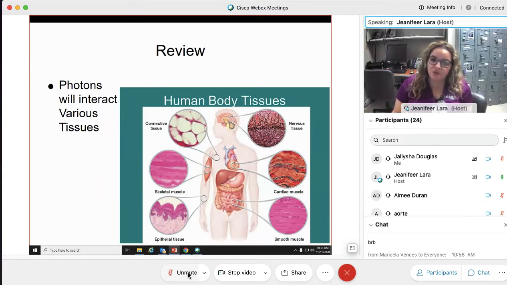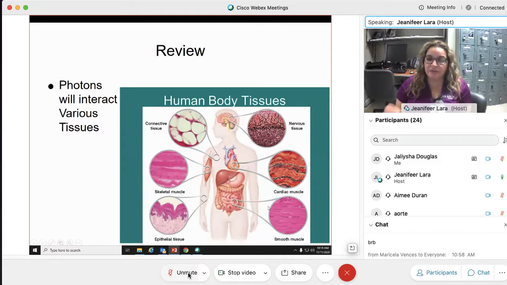So nervous tissue will have a different reaction of photon interaction than connective tissue will. Photons will interact differently with skeletal muscles versus epithelial. Photons will interact differently with cardiac muscle versus smooth muscle. It depends on how dense the tissue is.